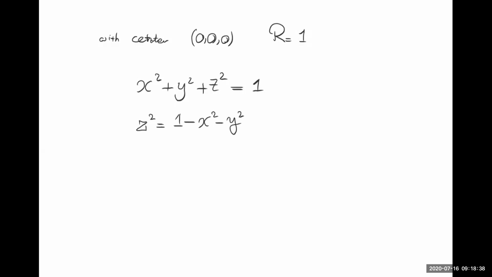And then I can take the square root of both sides. z would be equal to the square root of 1 minus x squared minus y squared. Okay, is that correct? If I take the square root of both sides, would I get z equal to the square root of 1 minus x squared minus y squared? Or is there something I'm missing?